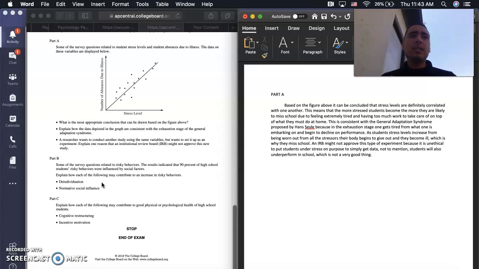Normative social influence is just a nice way to say peer pressure, and peer pressure could definitely engage somebody in risky behaviors in many different ways. So here, all we need to do is explain how these two components contribute to increase of risky behavior. So let's see what this student did.